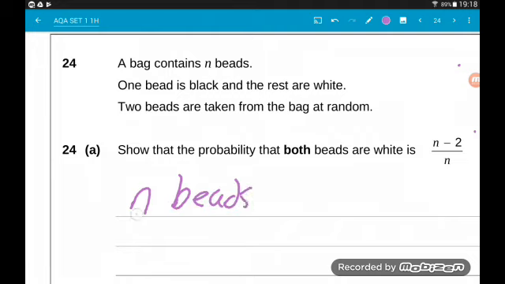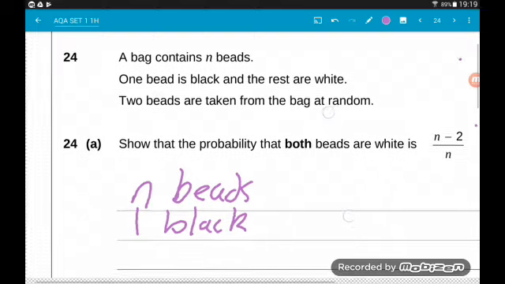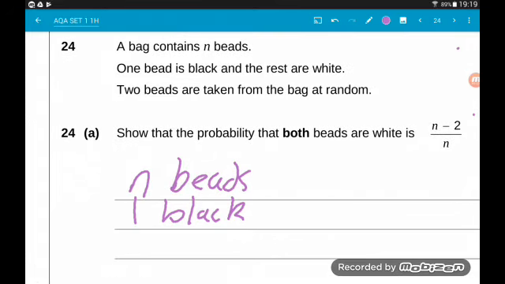We've got one black bead, and then we're told that the rest of the beads are white. So how do we express that algebraically? Well, we know there are n beads in the bag in total. One is black, the rest are white. So n minus 1 are white.